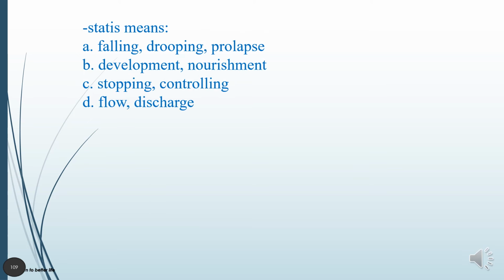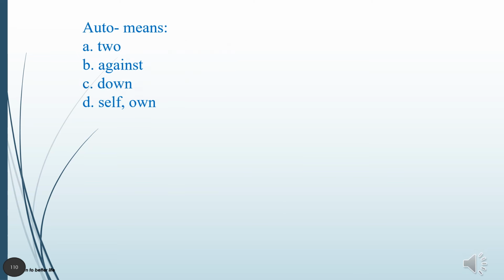A. Falling, drooping, prolapse. B. Development, nourishment. C. Stopping, controlling. D. Flow, discharge. The answer is C. Stopping, controlling. Auto means A. To. B. Against. C. Down. D. Self, own. The answer is D. Self, own.